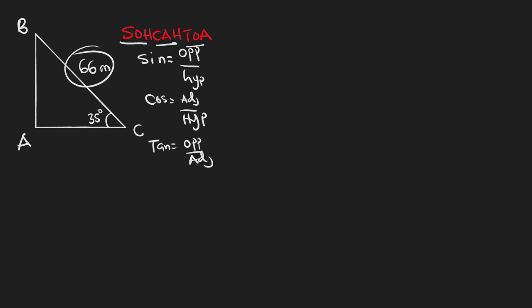So we're going to look for the relationship between hypotenuse and the opposite, because this is the opposite, right? And what's the relationship between opposite and hypotenuse? Opposite and hypotenuse is sine. Can you see? Opposite over hypotenuse. So we're going to use sine in calculating line AB. So we're going to say for line AB.